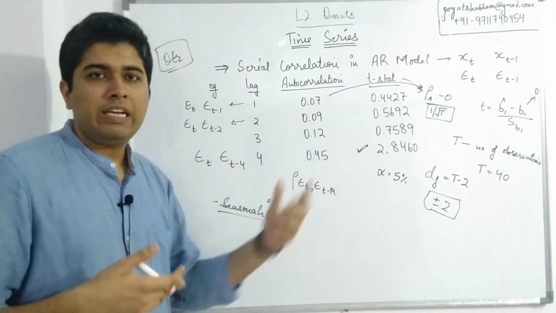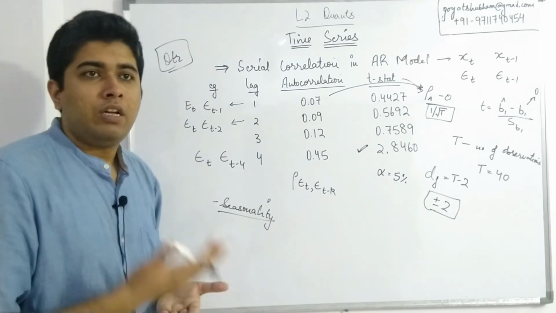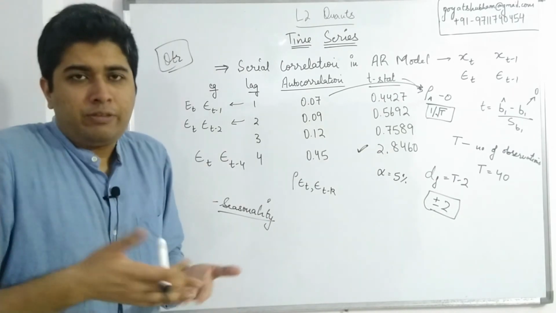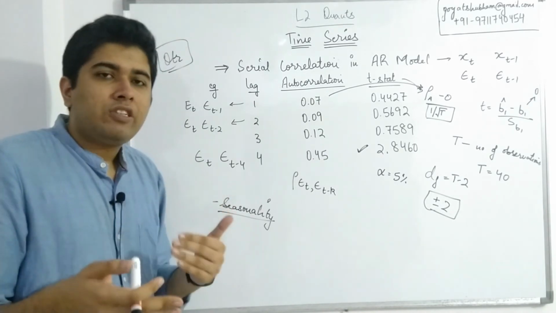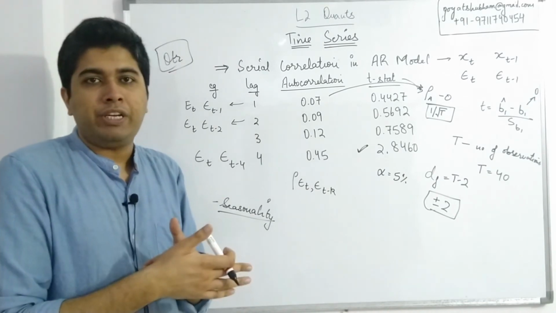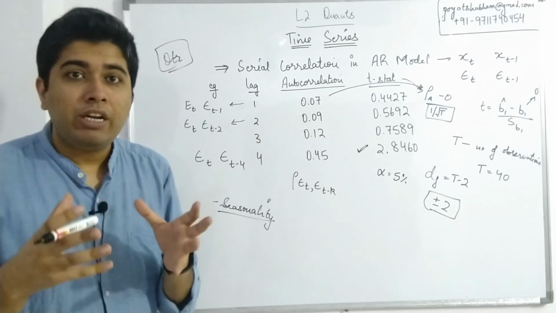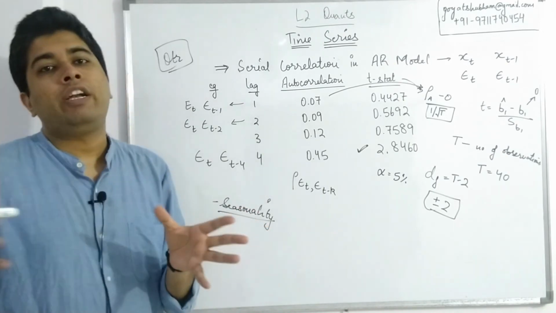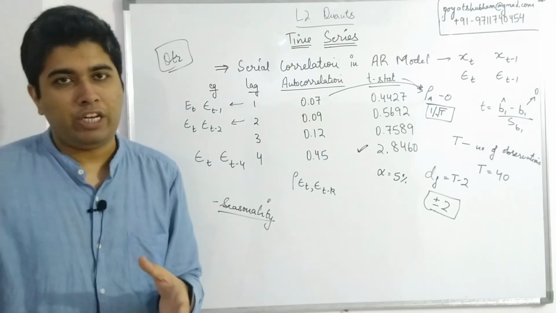So if I have Q2 in 2019, then Q2 in 2020, that is the fourth lag, and they would be linked with each other. They would be correlated. So Q2 across multiple years would be correlated with each other. Similarly, Q3 would be correlated with Q3 values of all the years. Q4 would be related with Q4 values.